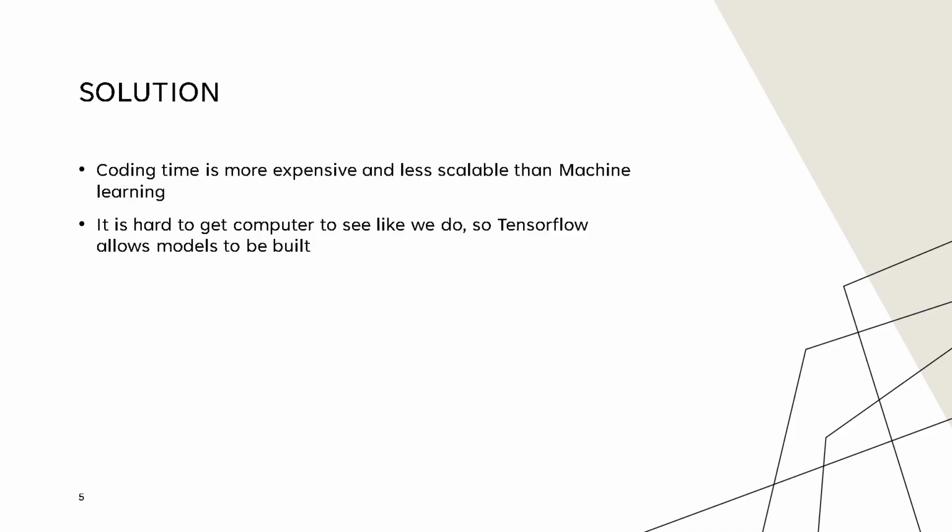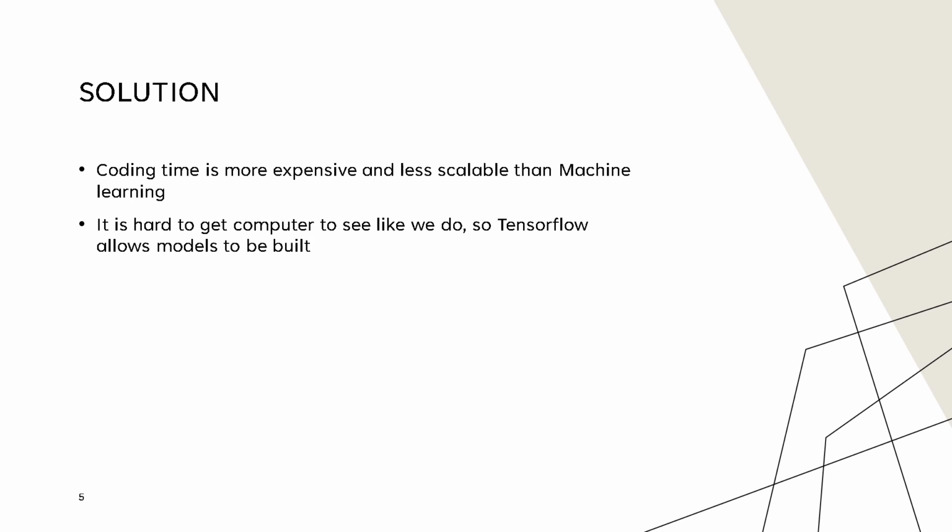What solution does machine learning accomplish? So coding time is more expensive than machine learning time in the sense that a spam filter can be hard-coded, and you can try your best, but spammers are going to find the little gaps, and then you got to recode it again.